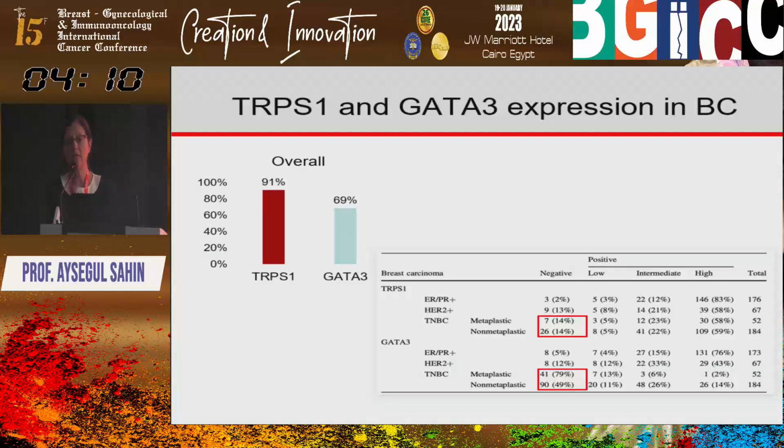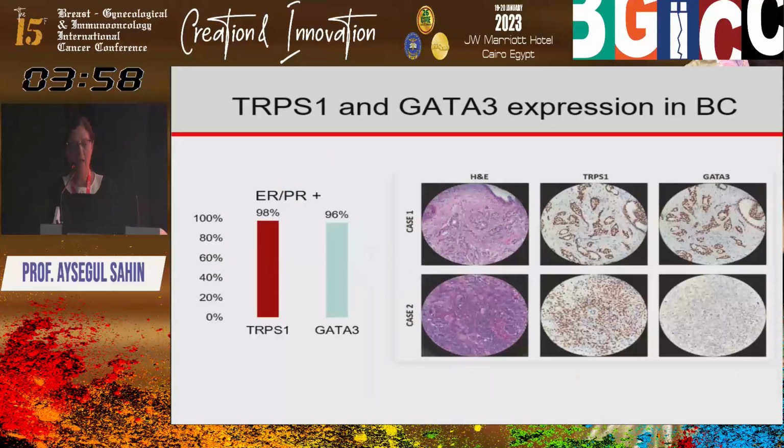When you look at the overall comparison, GATA3 versus TRPS1, overall TRPS1 is a lot more sensitive compared to GATA3. If you look at the ER/PR positive tumors, it is very comparable. If you look at only hormone positive tumors, GATA3 is an excellent marker. So is TRPS1.